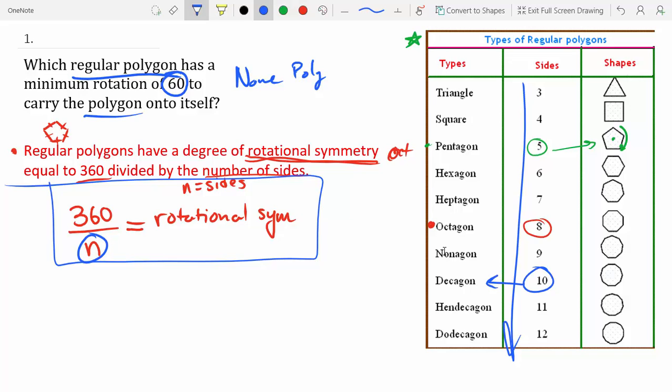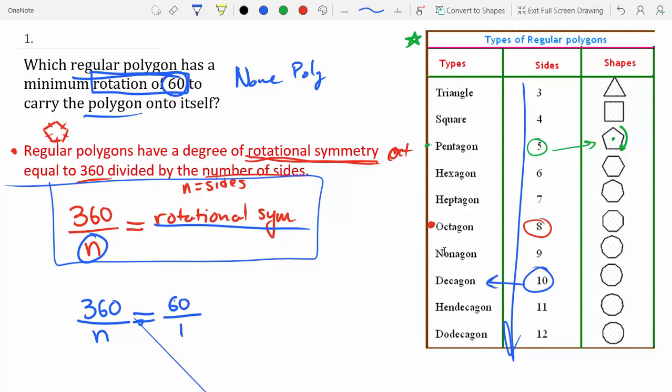So what I do know is that this thing has a rotational symmetry of 60 degrees. So if I rewrite my equation, 360 divided by the number of sides, that's the thing I'm looking for. That must equal the amount of rotational symmetry, that must equal 60 degrees.